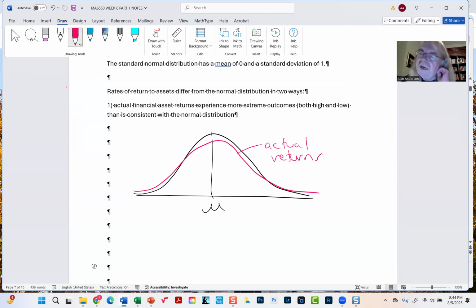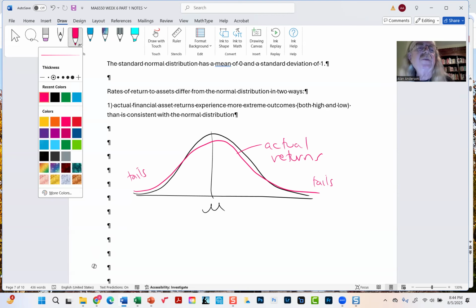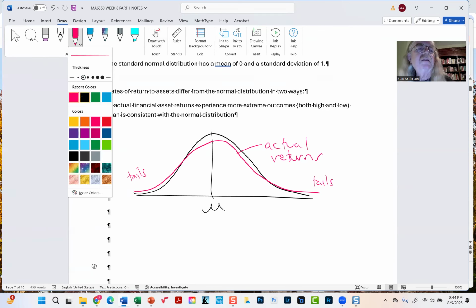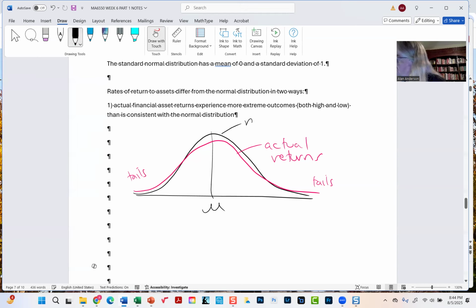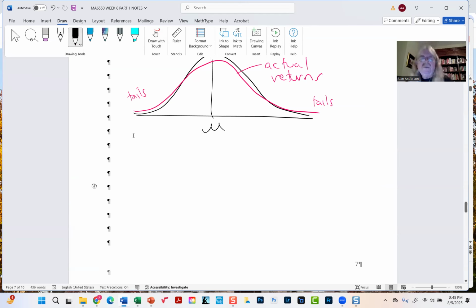And if you notice, there's more area in the tails, as they're called, and less in the center. The black, of course, is the normal distribution. And another thing, if you notice, the normal distribution is symmetrical about the mean, meaning that the left and the right hand side are mirror images of each other.